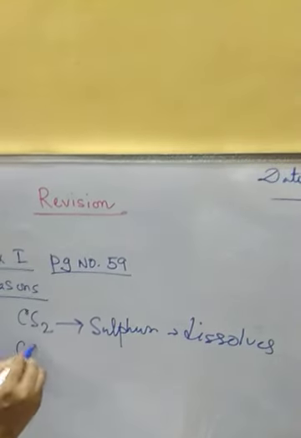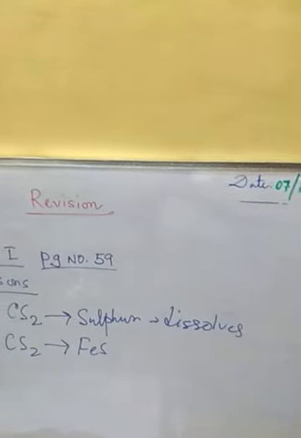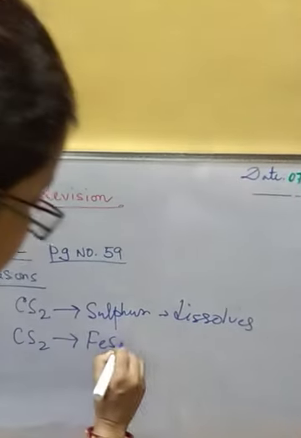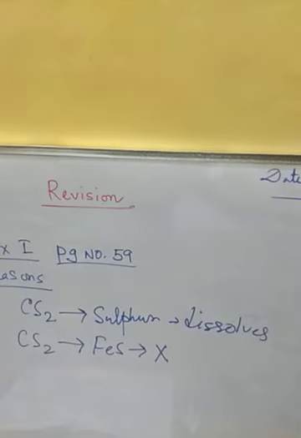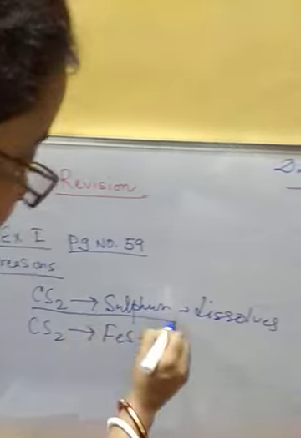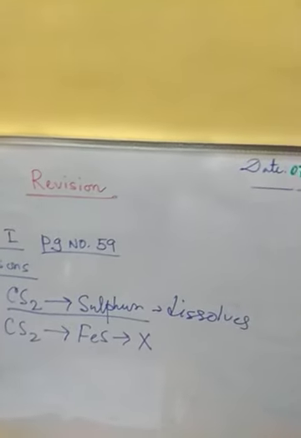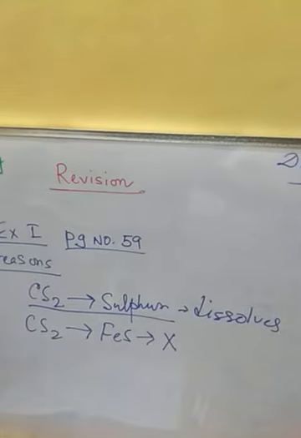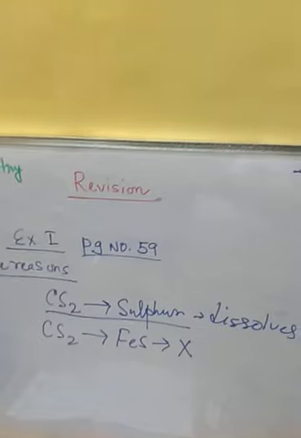But if we add the same to ferrous sulfide, iron sulfide, it will not dissolve. So what is the reason? The property of sulfur is that sulfur can dissolve in carbon disulfide. So this is the individual property of sulfur.